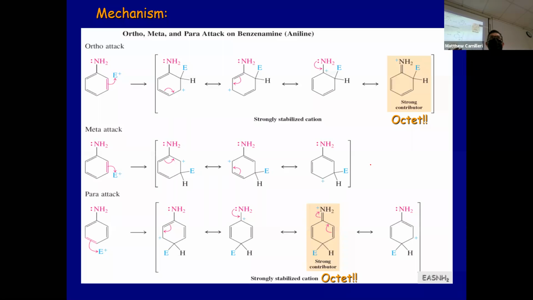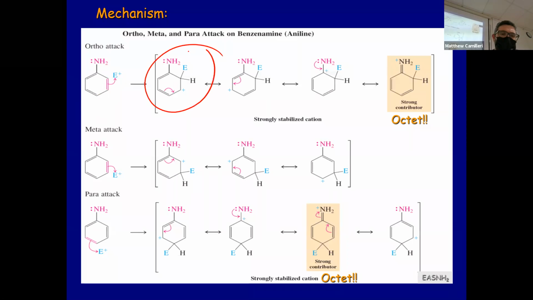Again, add the electrophile on different positions, on 1, 2, and 3. Now, these positions, I'm calling them 1, 2, and 3. You can call them whatever you want, A, B, C, alpha, beta, gamma, whatever. I don't care. It's for you to know that you are actually putting the electrophile on all the required positions. And at that point, see what product you've got. And you will have these 3 products here.